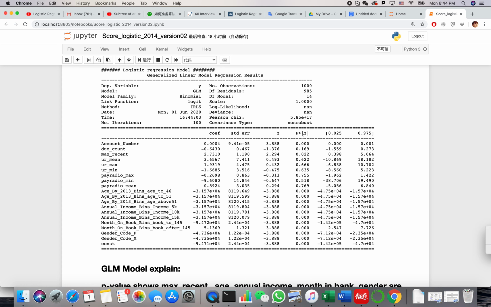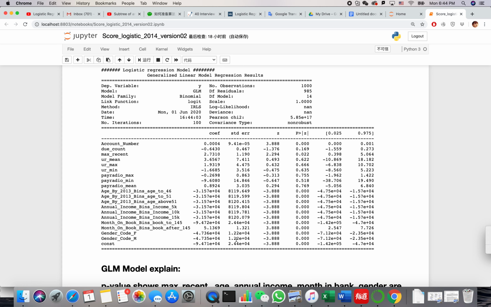We can see that for the p-value, only max recent is less than 0.05. So max recent is statistically significant, and the others are not statistically significant, just age, annual income, months on book, and gender.